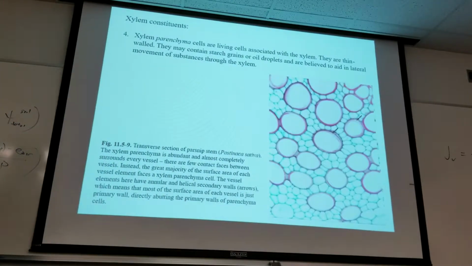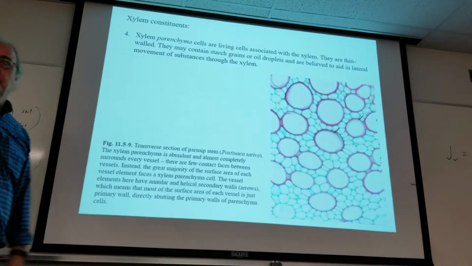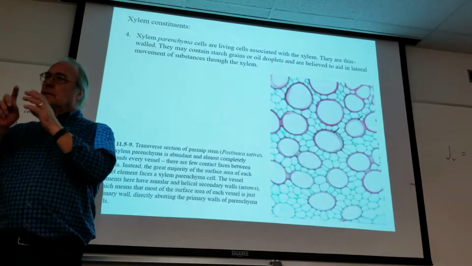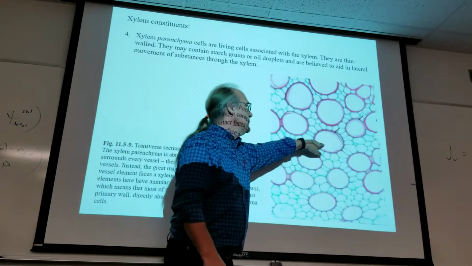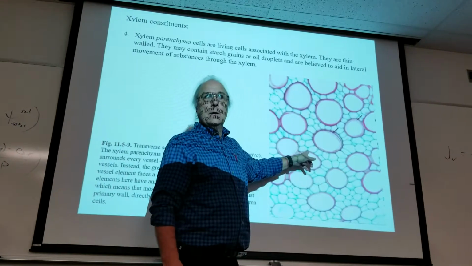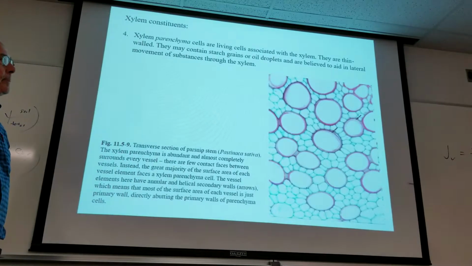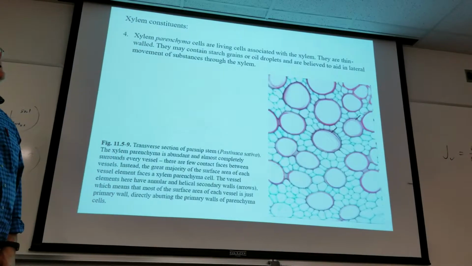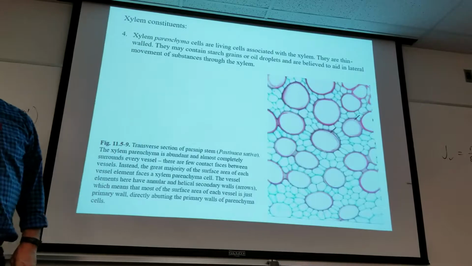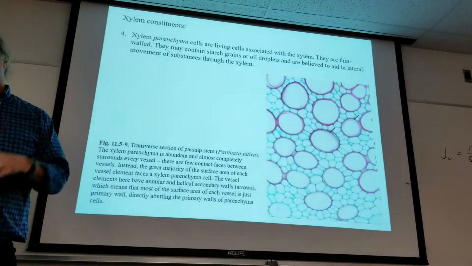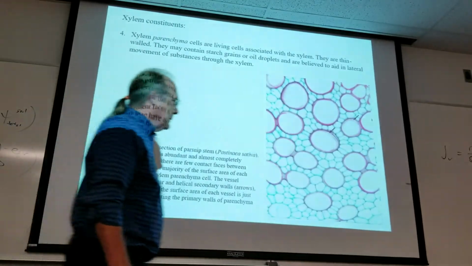Their function, who knows? They may aid with lateral transport of substances into or out of the xylem. They also may retain their ability to differentiate into different cells depending on what happens.